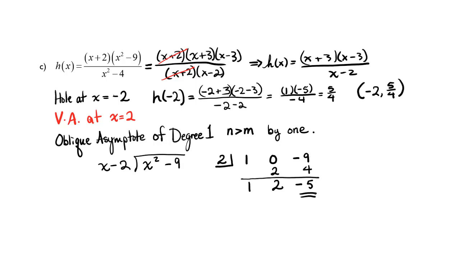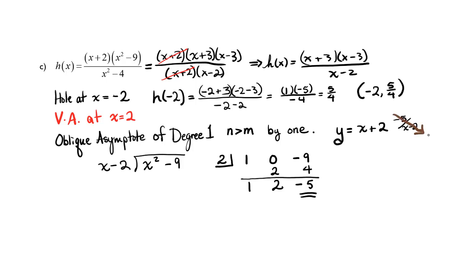So the constant term is 2, and the equation of my oblique asymptote will be y equals x plus 2. Note that the remainder is -5 divided by x minus 2. The whole thing will approach a very small number, in which case we disregard it.